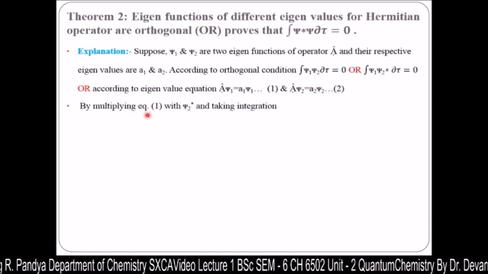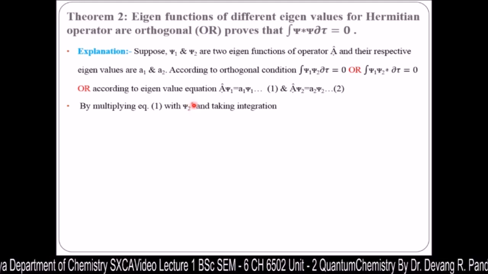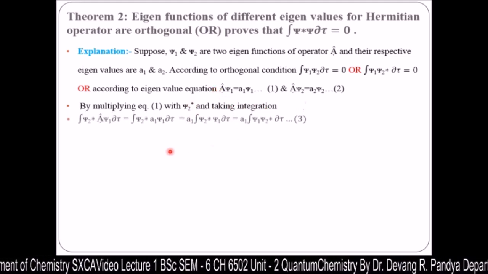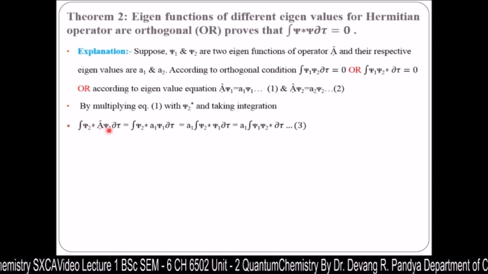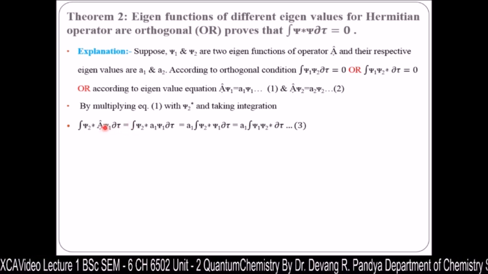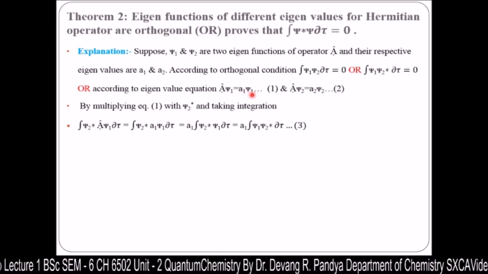Now multiplying equation 1, this one, with ψ2* and taking its integration, we get ∫ψ2* Aψ1 dτ. Now when the operator operates on ψ1, we can put the value A1ψ1.